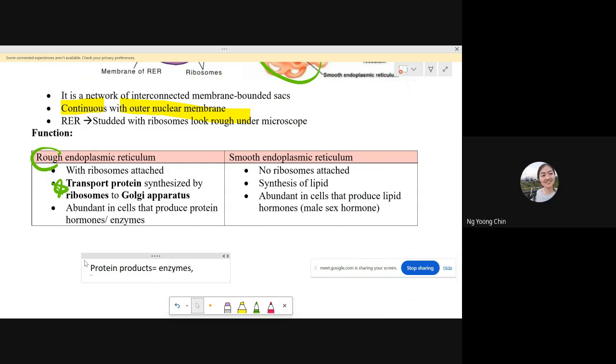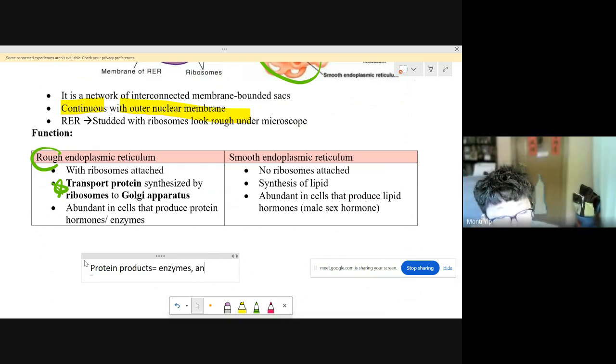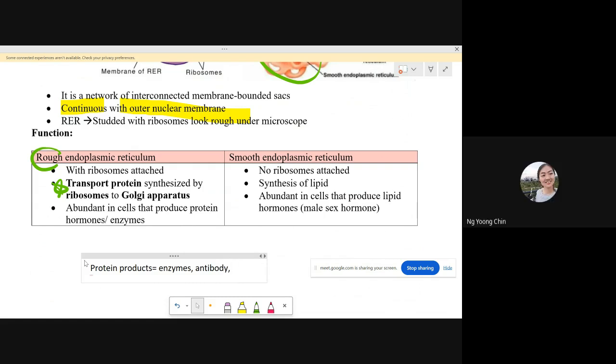Enzyme is a kind of protein. Antibody also. And also, have you heard of this structure, glycoprotein? Those are protein products. So rough endoplasmic reticulum is found in cells which produce a lot of protein products, such as hormones or enzymes.